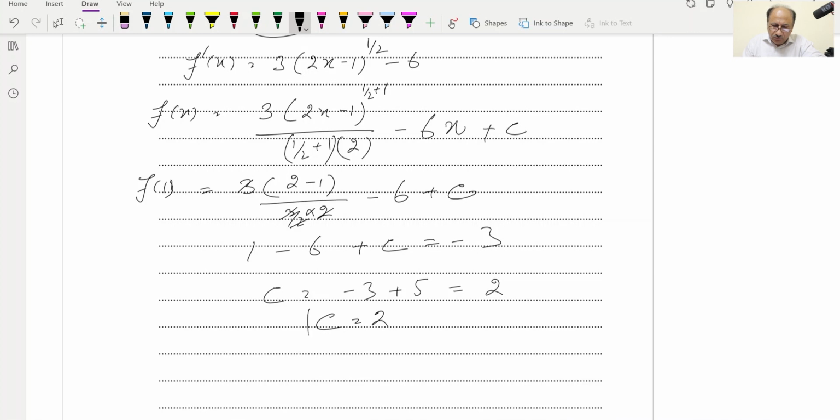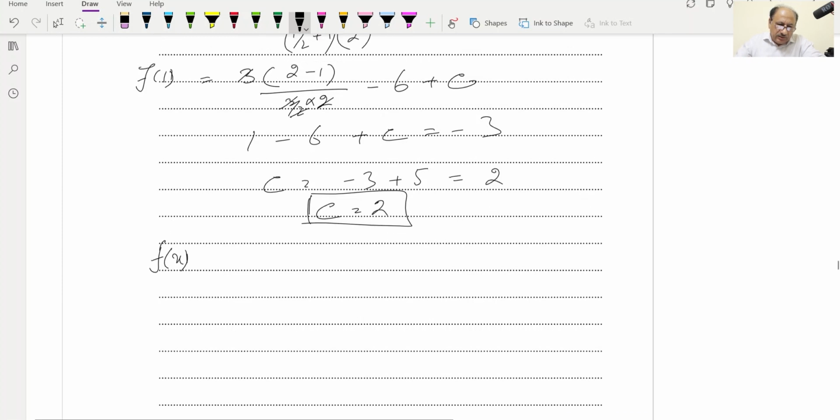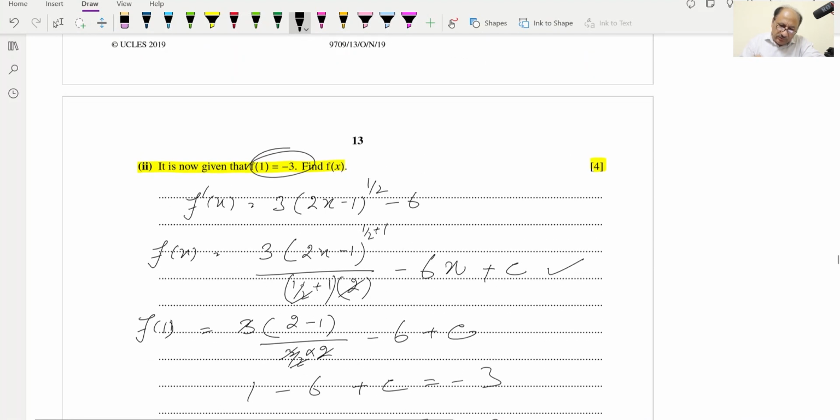So we got the c value 2, which we will replace in this equation, and f of x will become 3 by 2, where the 2 will cancel and the 3 will cancel, so it will be 2 into (2x minus 1) whole raised to the power 3 by 2, minus 6x, plus 2.